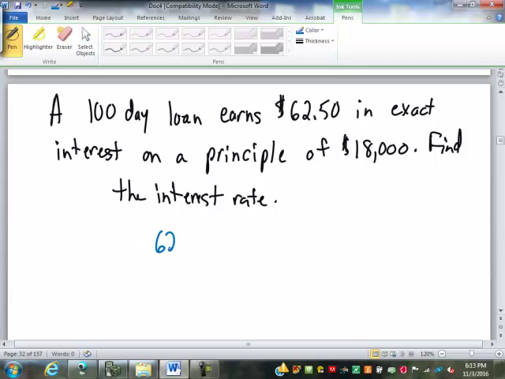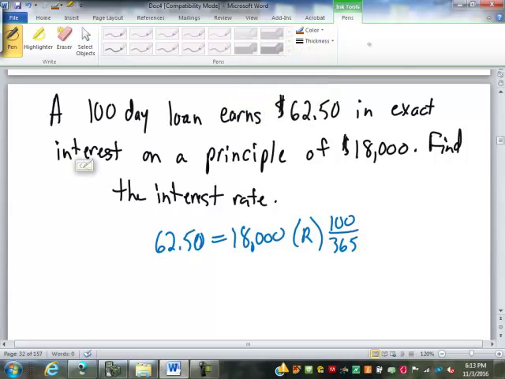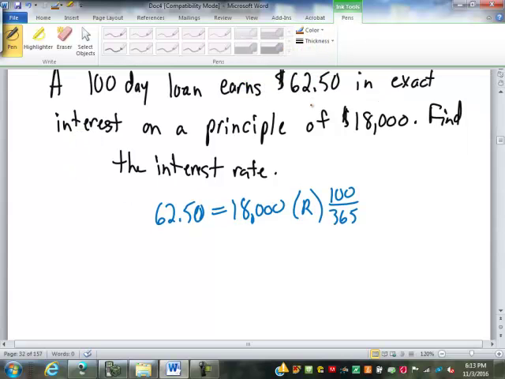Okay, so we have $62.50 interest. We have $18,000 in principal. We are looking for the rate. Our time is going to be 100 over 365. Good. This is going to be one where we're definitely going to need to use that answer function on our calculator.